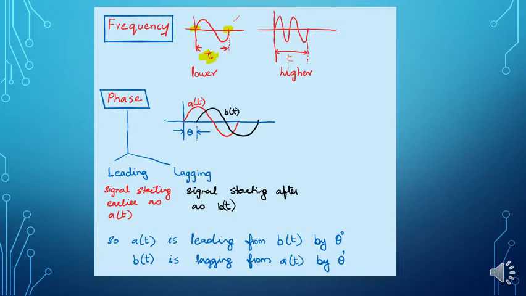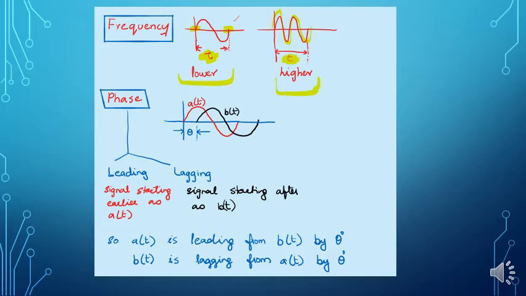On the other hand, in the same time t, we have two cycles. So the one having more cycles is at a higher frequency than the one having fewer cycles. The number of cycles in unit time is represented here.